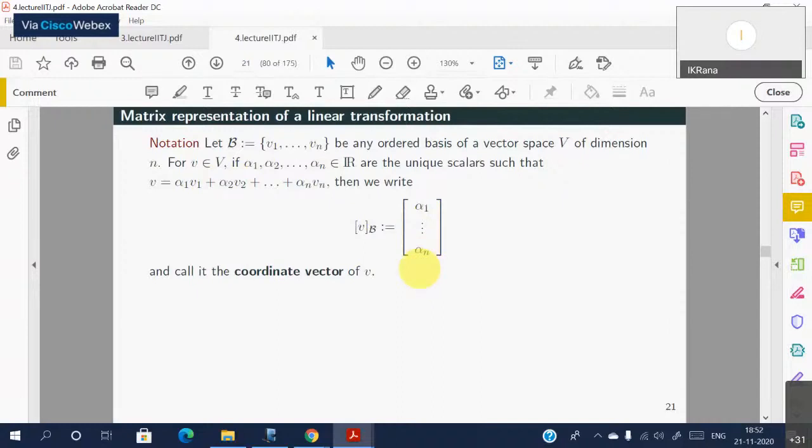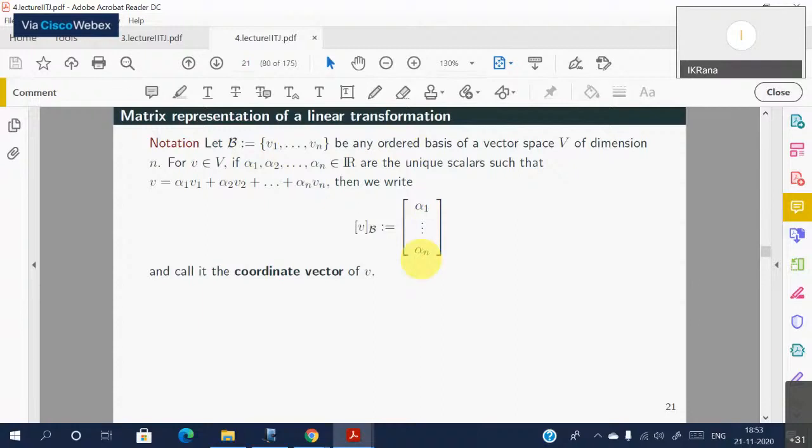So in a vector space, if v1, v2, vn are the basis, keep in mind we're taking an ordered basis. So what does ordered mean? You choose and fix the order, that this is the first element in the basis, this is the second element, this is the third element, because if you change the order, then the alpha 1, alpha 2 order will change and this vector will change.